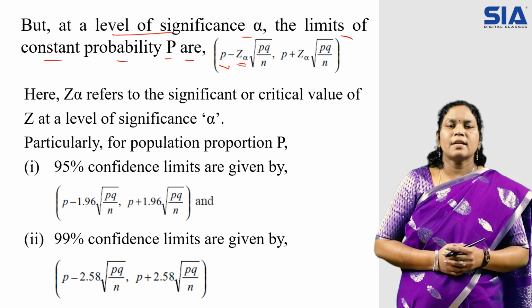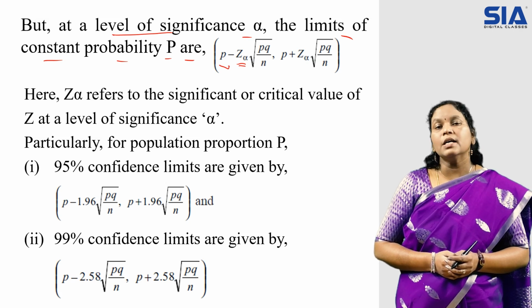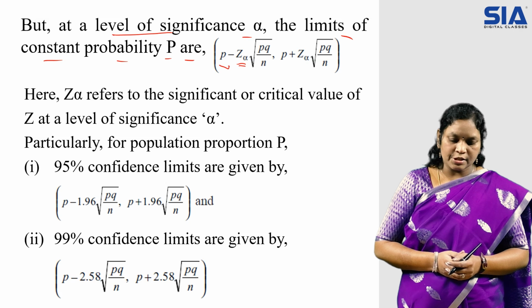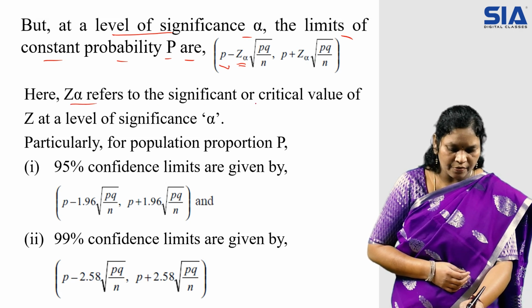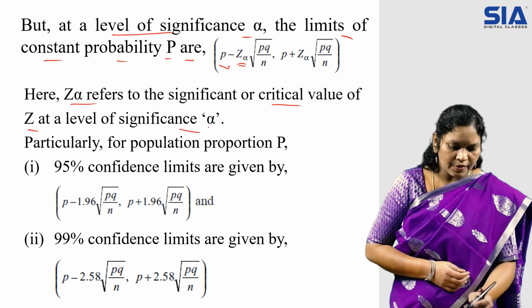If they specify alpha percentage as 5% or 1%, how do we get the limits? Let us check that in the next step. Here Z alpha refers to the significant or critical value of Z at the level of significance alpha.